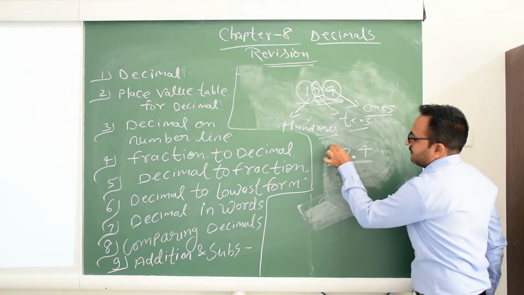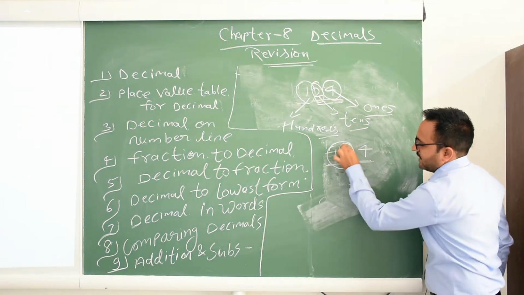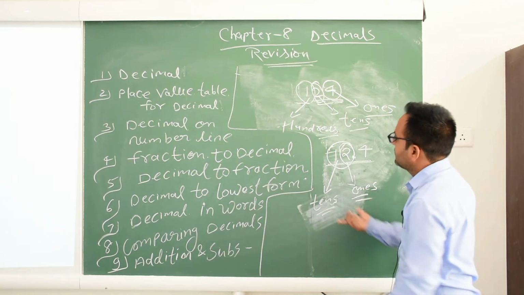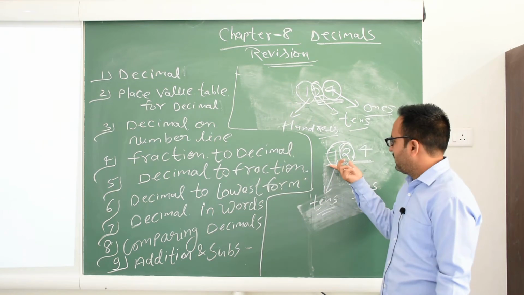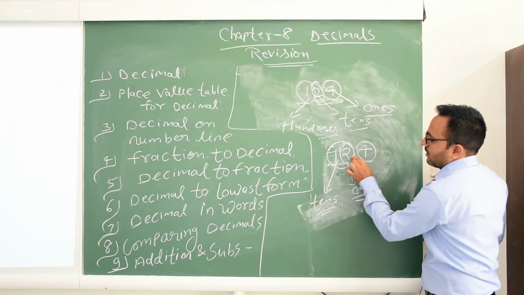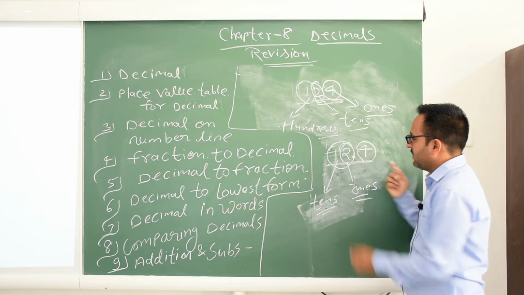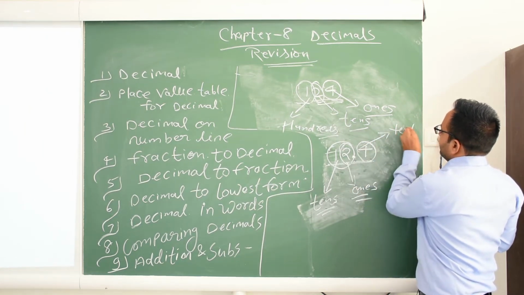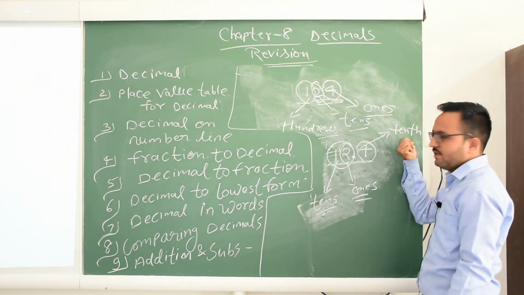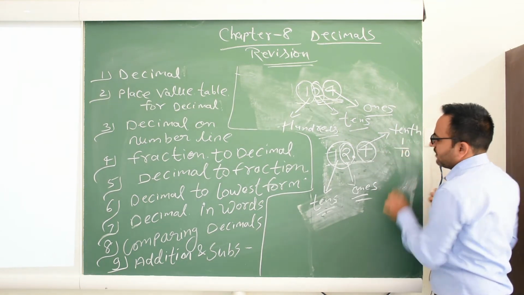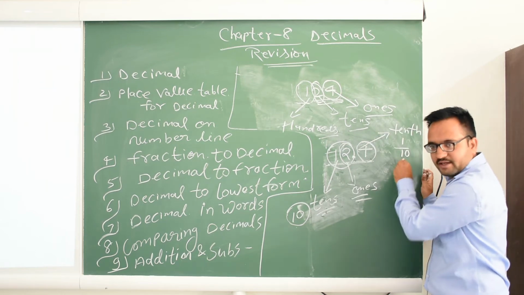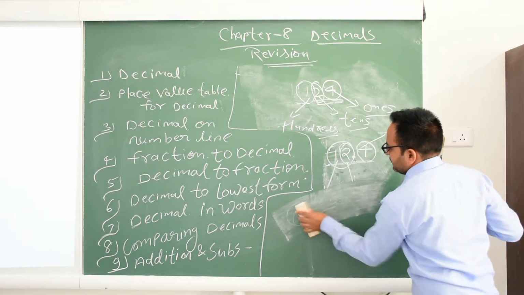Before the point, 2 is at the ones place and 1 is at the tens place, the same as for whole numbers. But after the decimal point, 4 is at the tenths place, not tens. Tenths means 1 upon 10, but tens means only 10. Let us take another example.